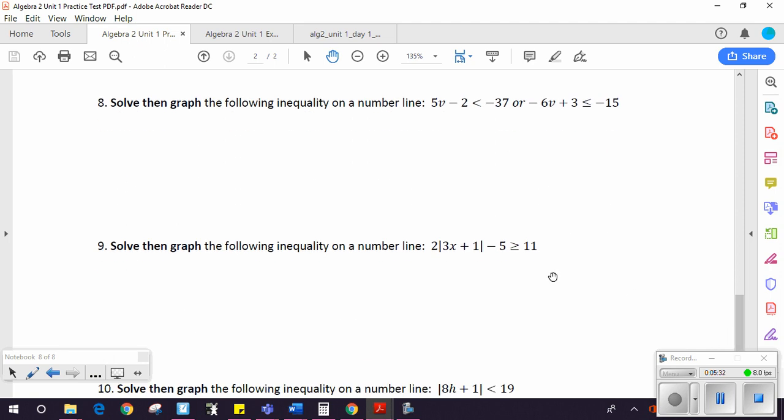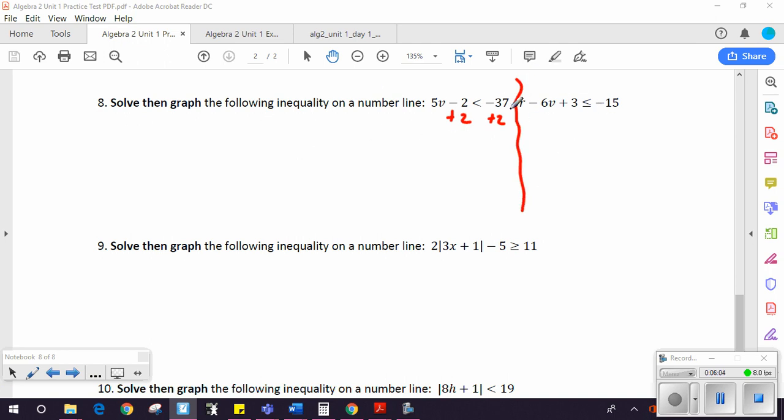For number 8, we have another compound inequality, an OR inequality. When that word or is there, that doesn't mean you have a choice of which one to solve. You have to solve both. Sorry, folks, but you do. For the one on the left, I would add 2 to both sides, but don't go into this other one.